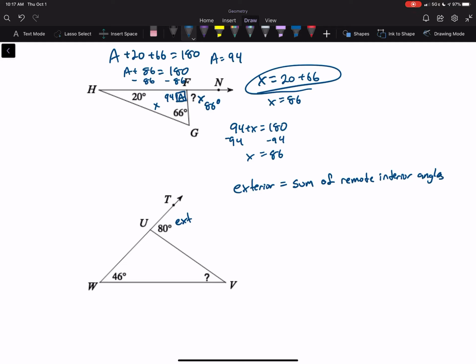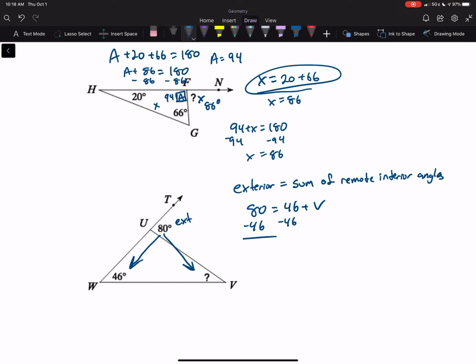So in this case, the exterior angle is 80. The remote interior angles are these two, right? They're the remote ones inside, so they're not the one next to it, but the other ones, equals 46 plus v, right? So we want to get v by itself, so we're going to subtract 46 from each side.